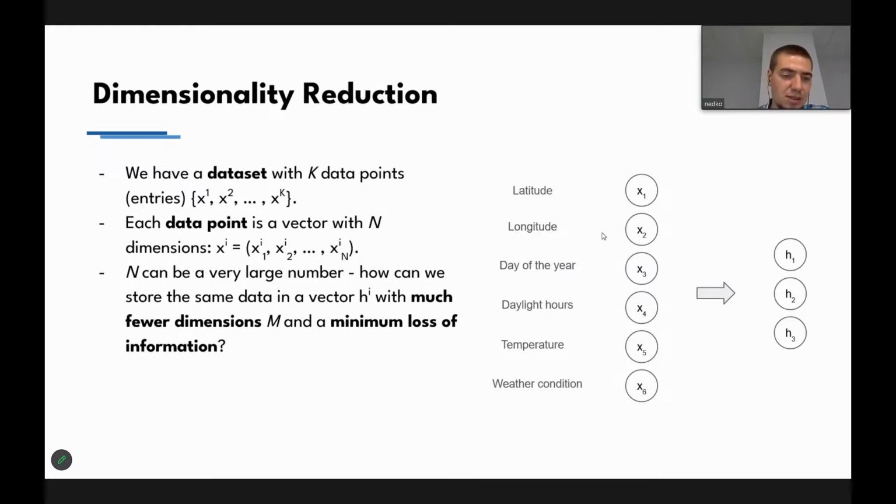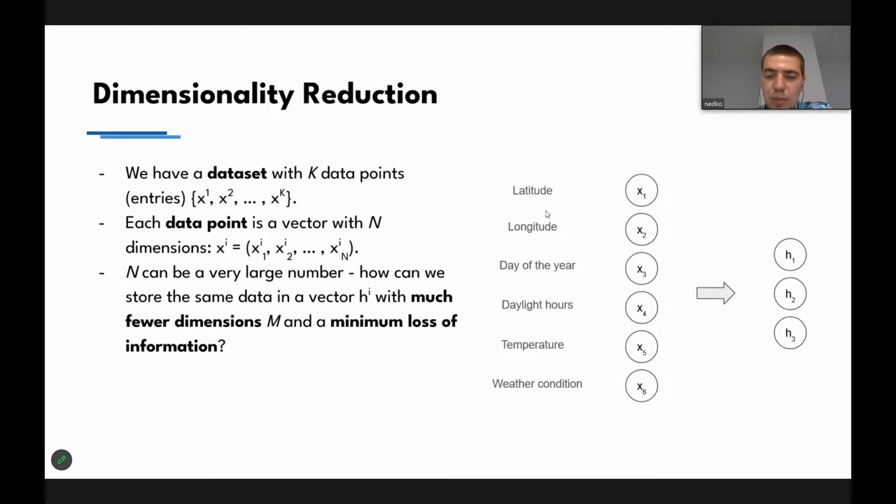So now the task is to decrease those dimensions, those 6 variables, to a smaller number of variables, in this case 3 variables, but not losing the least information possible.